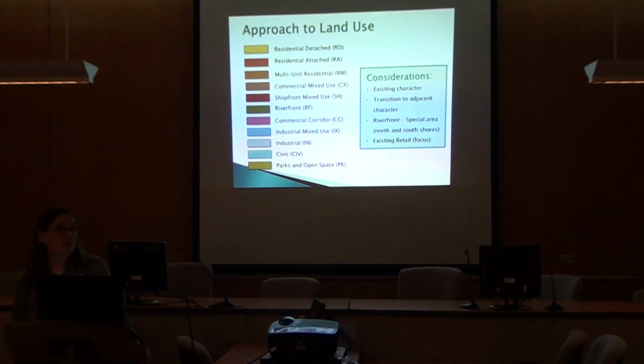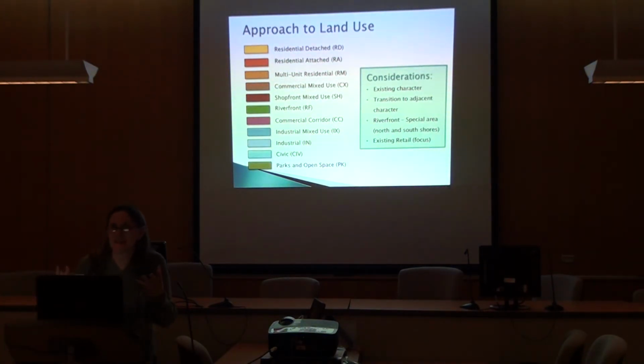Most of the development we've seen recently along the riverfront has been either apartments, condominiums, or hotels. That may continue for a while into the future. When we looked at the very first draft of this code, we weren't allowing much commercial development. And we thought, well, that's kind of crazy because you want retail and some restaurants and things along the river. That's a great place for it. So we've gone back and tweaked that a little bit. So those are the kinds of things we're looking at.